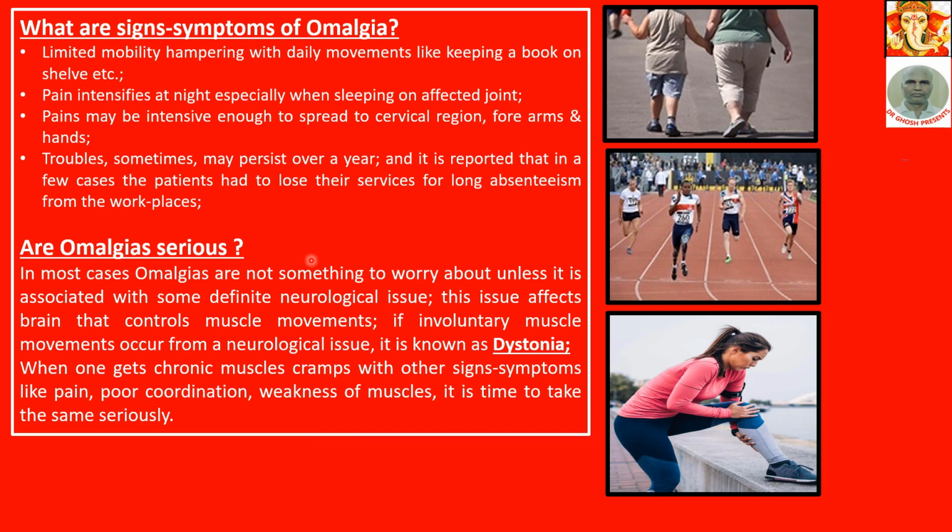If involuntary muscle movements occur from a neurological issue, it is known as dystonia, and obviously it is a serious state. When one gets chronic muscle cramp with other signs and symptoms like pain, poor coordination, weakness of muscle, it is time to take the same seriously.